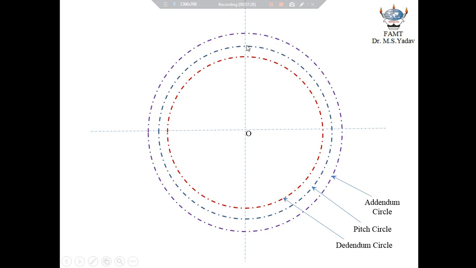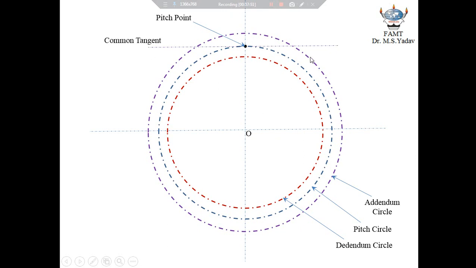Now the point where vertical axis cuts the pitch circle is a pitch point. At pitch point, draw perpendicular to vertical axis like this. This is common tangent at the pitch point.